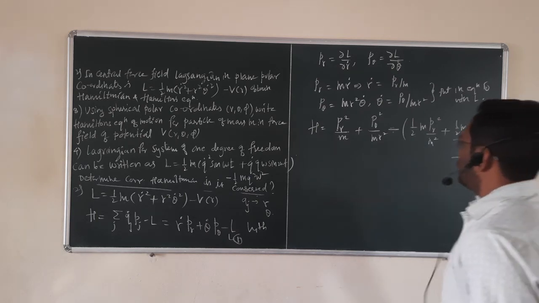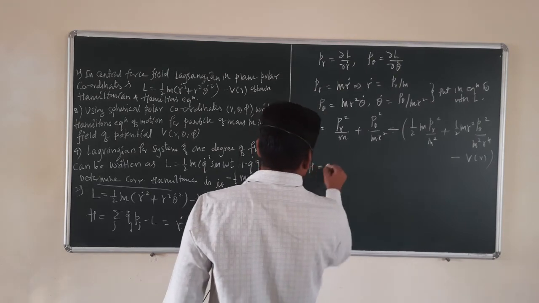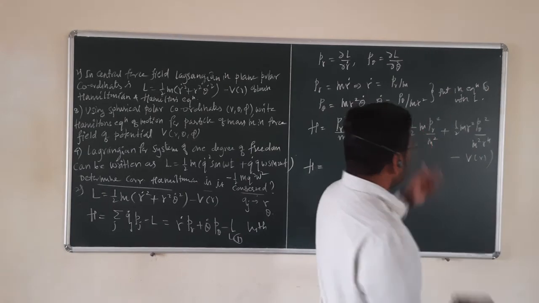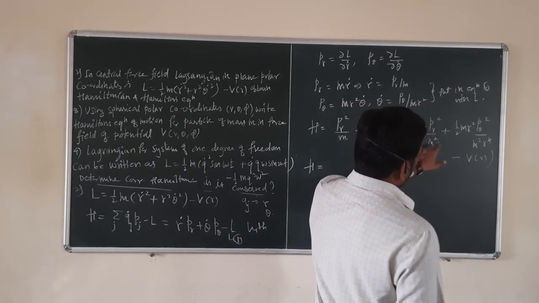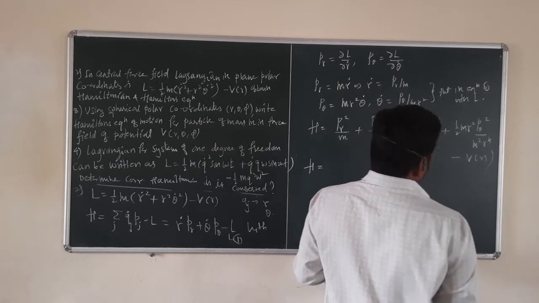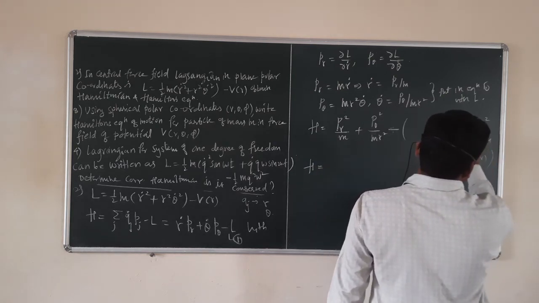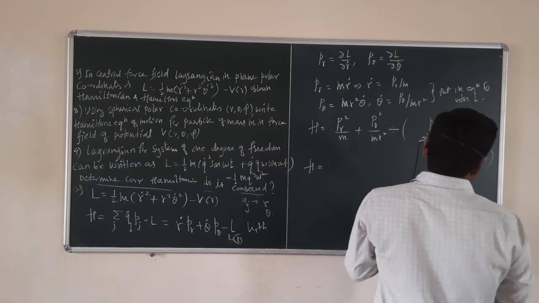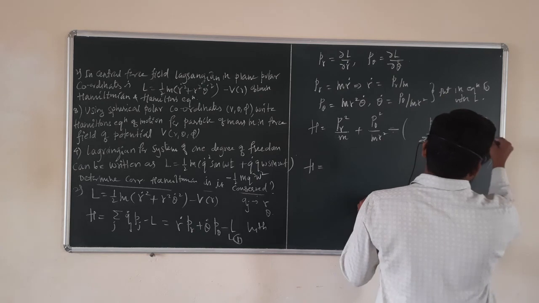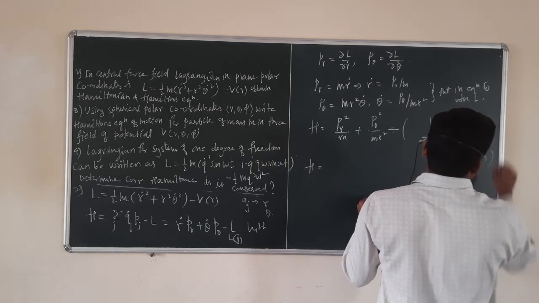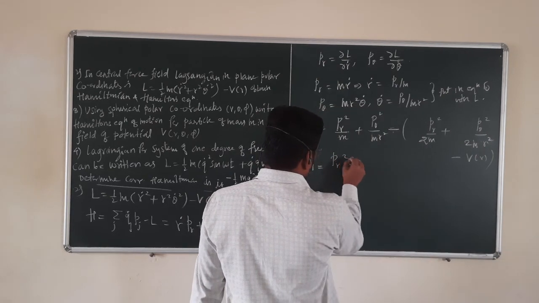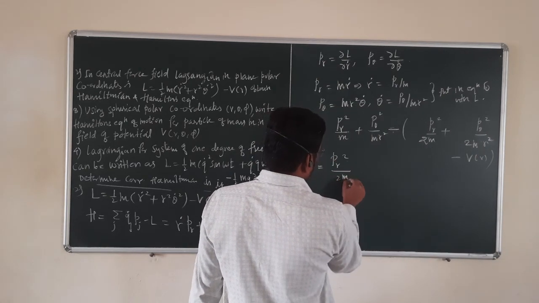Now the Hamiltonian is, if you solve this, here we get m and m square, so pr square divided by twice m. Here m and m square and r square, r raised to 4, so p theta square divided by twice m r square. Now first of all we get pr square divided by twice m.